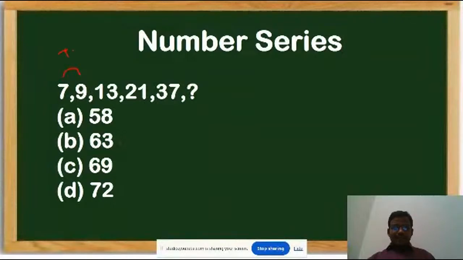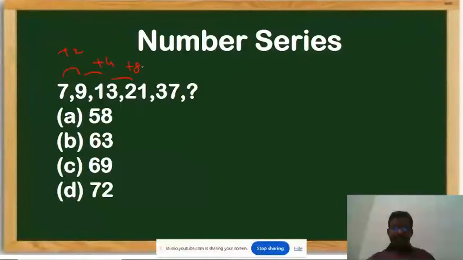7 to 9 plus 2, 9 to 13 plus 4, 13 to 21 plus 8, 21 to 37 plus 16.